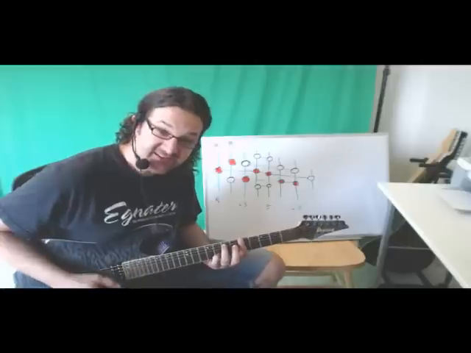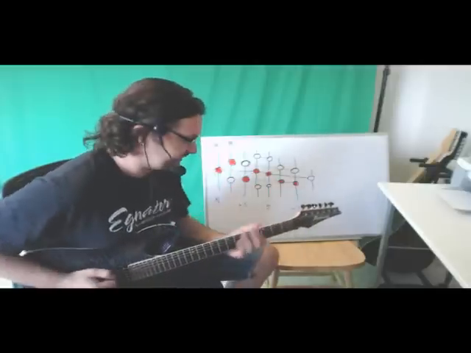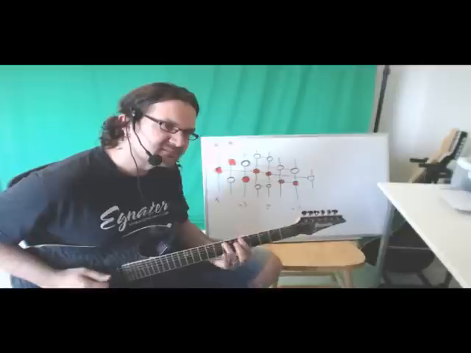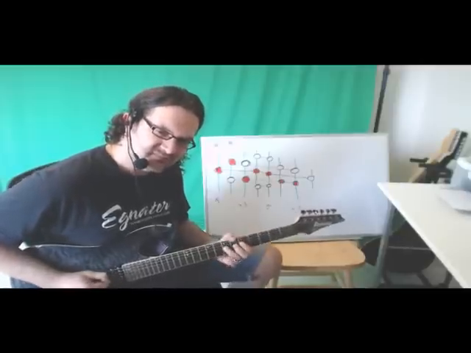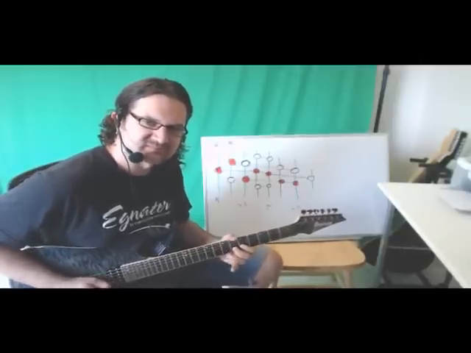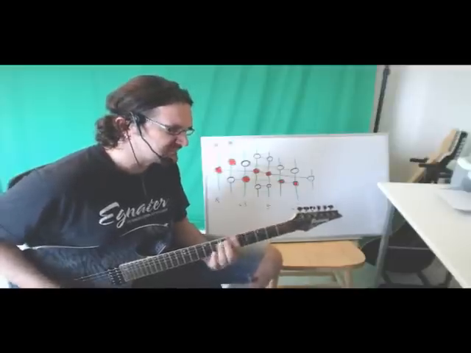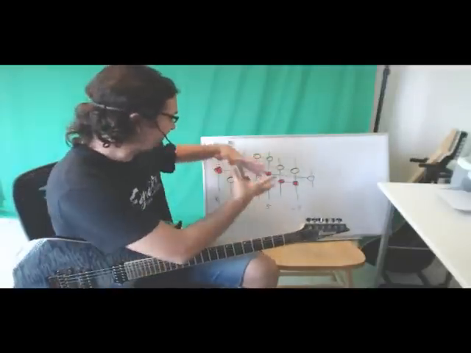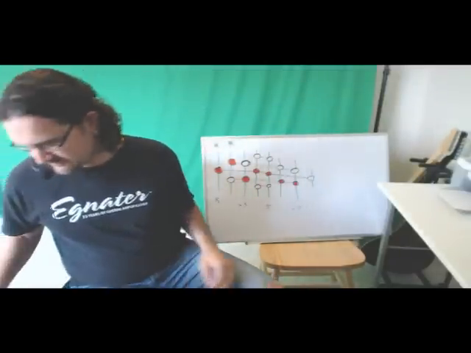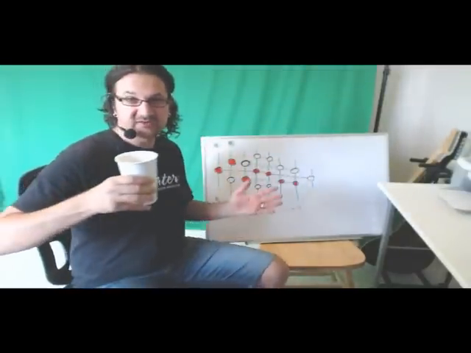What you can play as lead player is any of the red notes, and it would all work, right? Because everything is fitted together. Everything's fine with this? Okay, I'll assume that everything is cool.